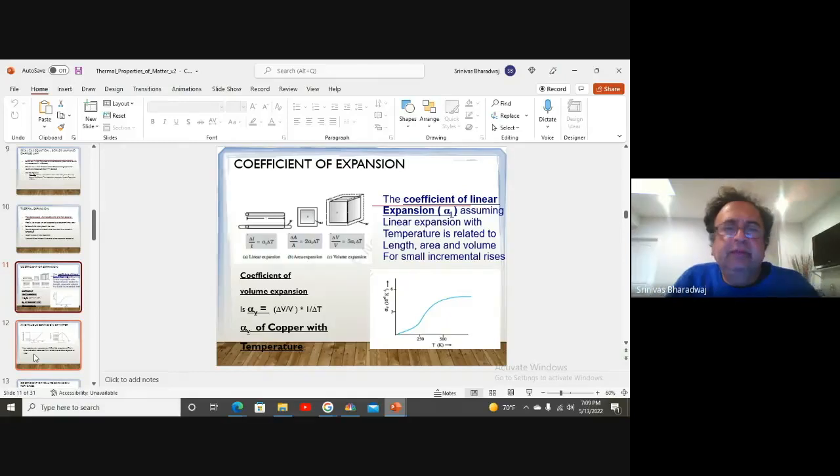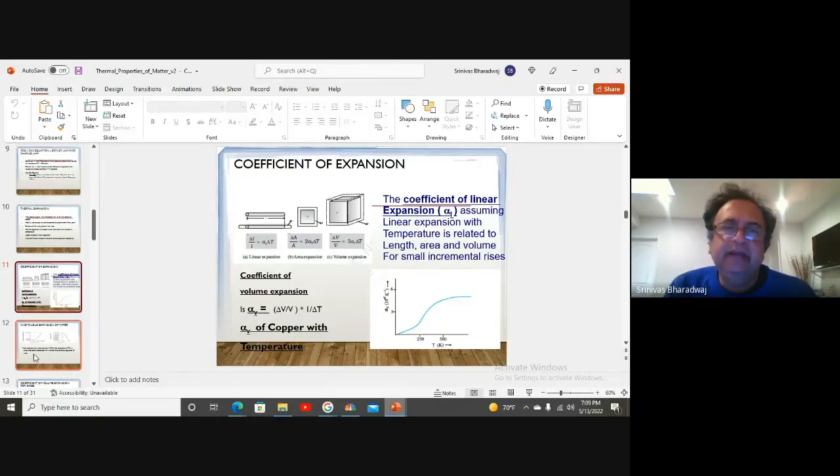Delta V by V is the percentage increase in volume.